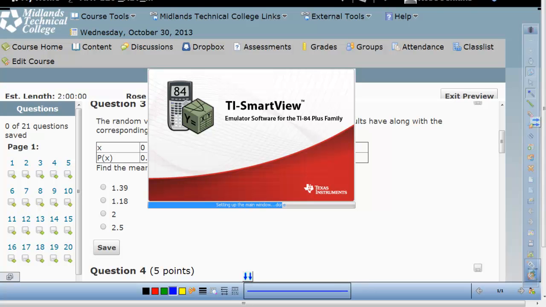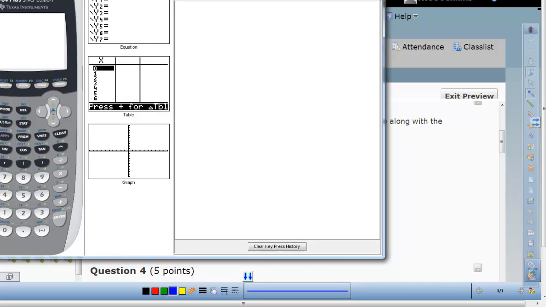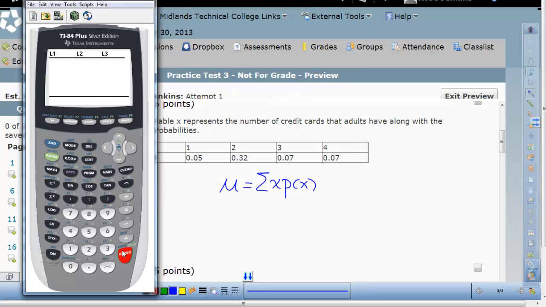And we're going to put the x values in a list and the p of x values in a list. Okay, so I'm going to go to Stat, and Edit. So my x values were 0 through 4.